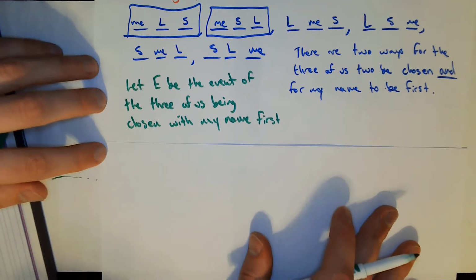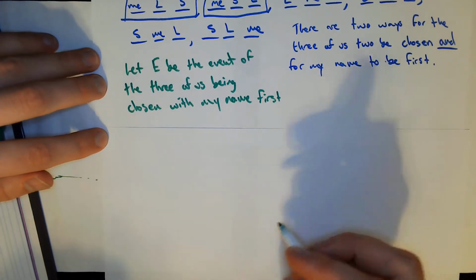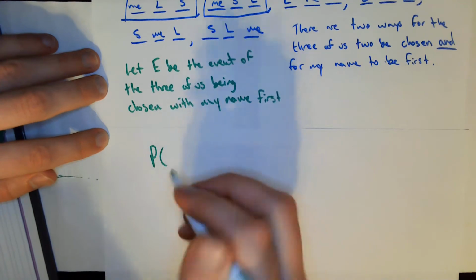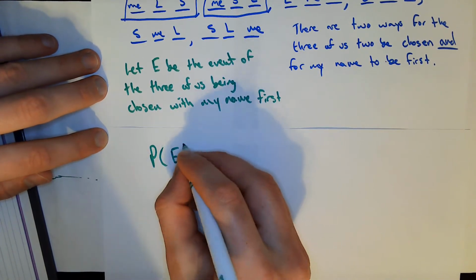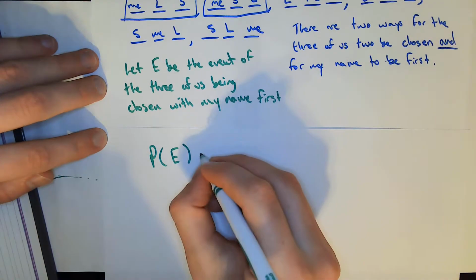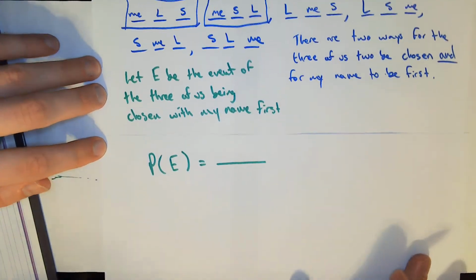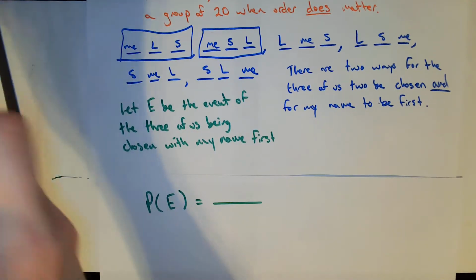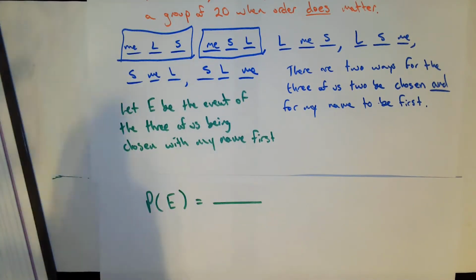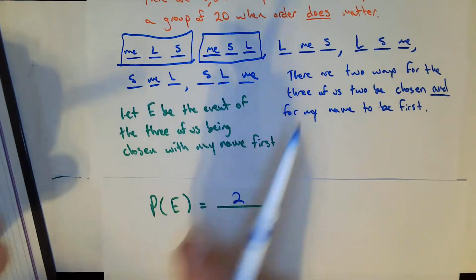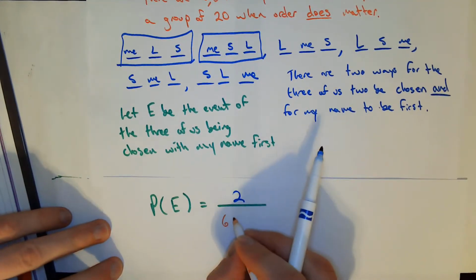I'm just naming the event so that when I write P of E, the probability of the event, I don't have to write all this junk in there, which looks bad. I can just write P of E. It's much more compact. And it's going to be a fraction of 2, coming from that event space that we described, these 2 possibilities, over 6,840.